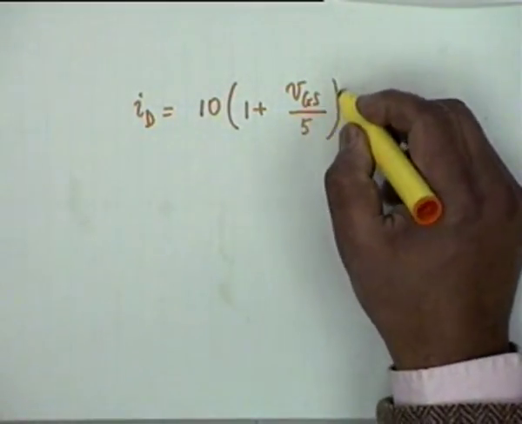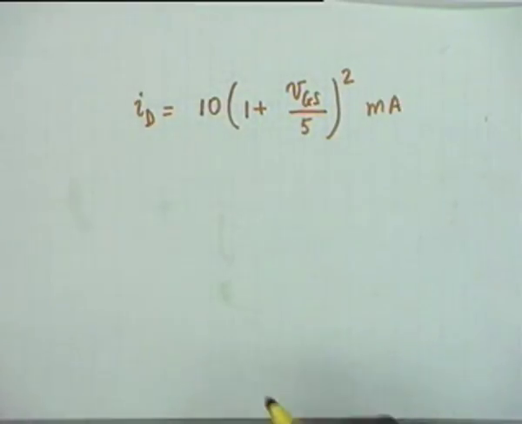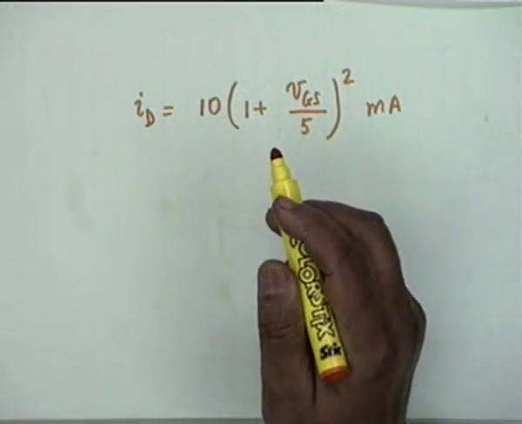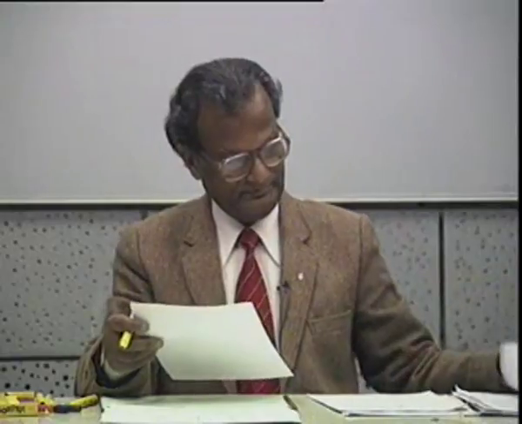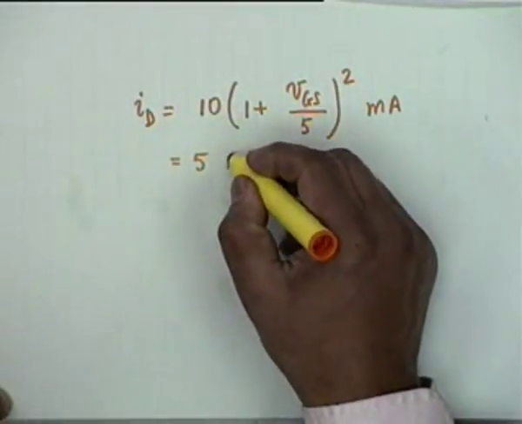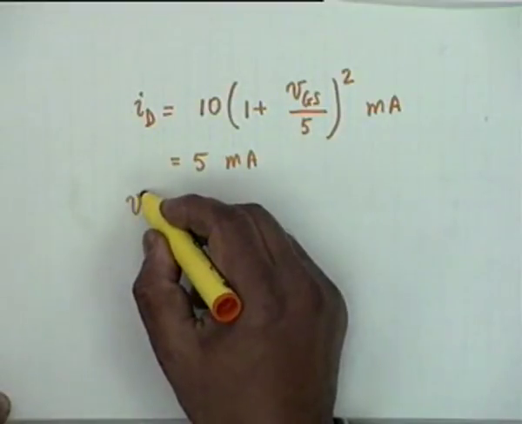All right, and what I want is that ID should be equal to 5 milliampere. Therefore, this should be equal to 5 milliampere, which gives me a solution for VGS.